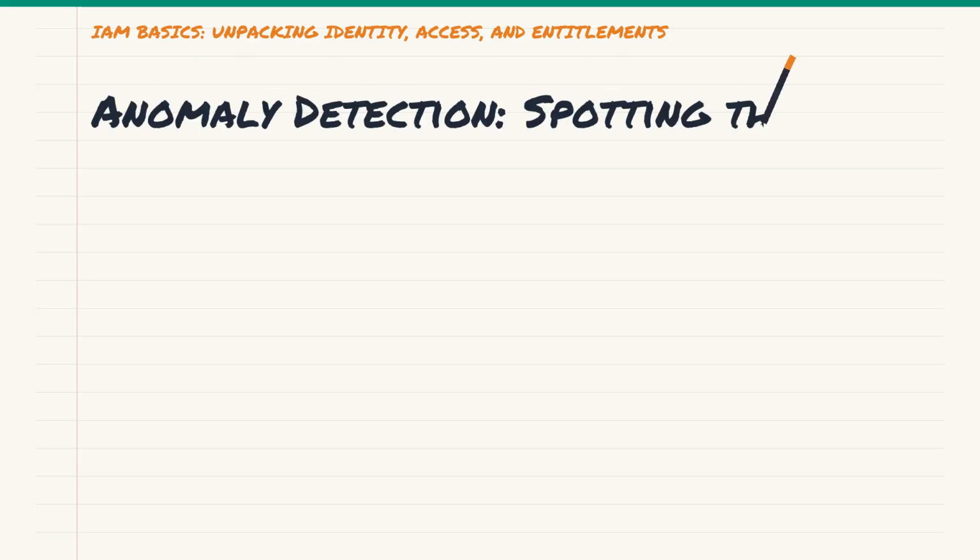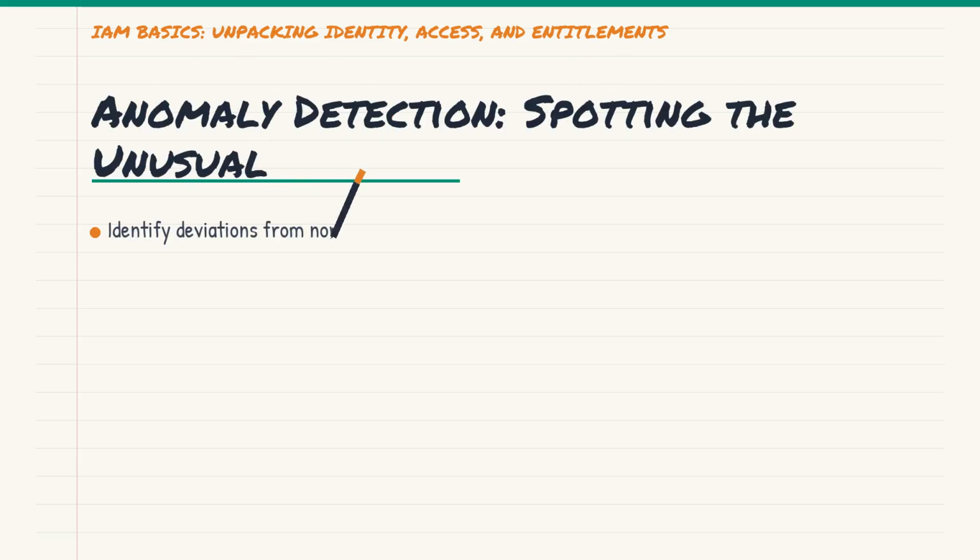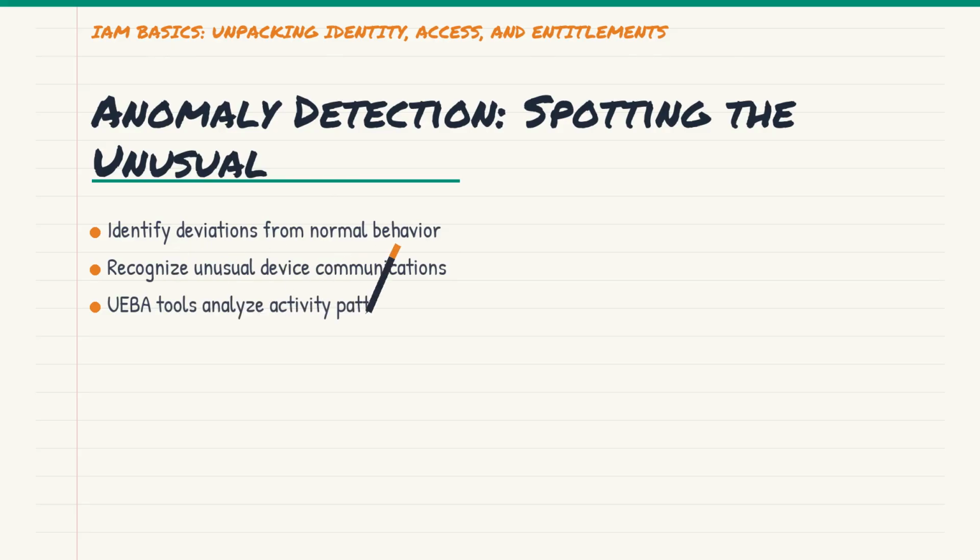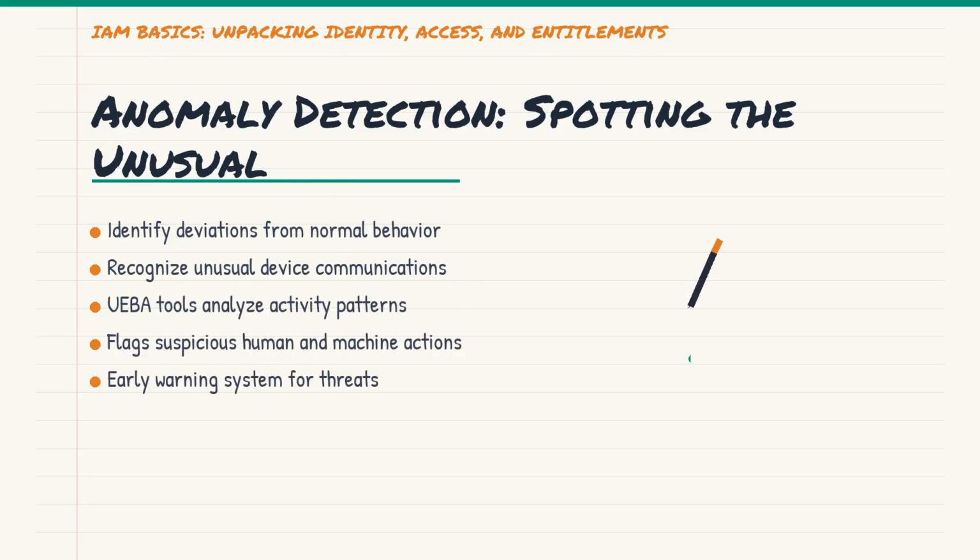Beyond just logging, anomaly detection is key. This is like having a really smart security guard who knows what normal behavior looks like and immediately flags anything out of the ordinary. For example, a smart lightbulb typically only communicates with the lighting control system. If it suddenly starts trying to connect to a file server or scan the network, that's an anomaly.